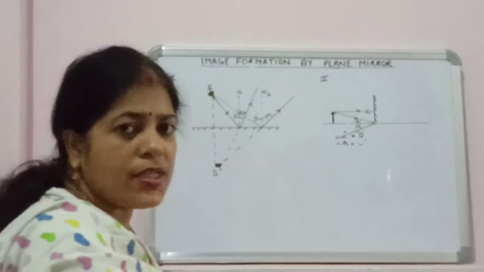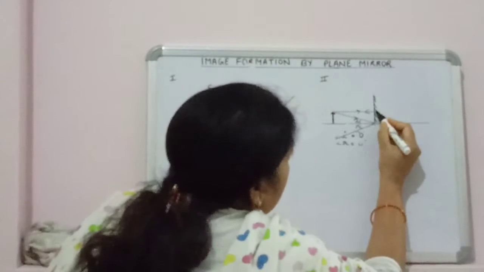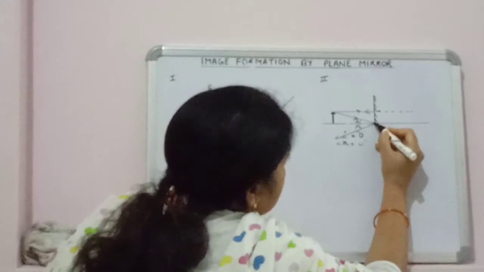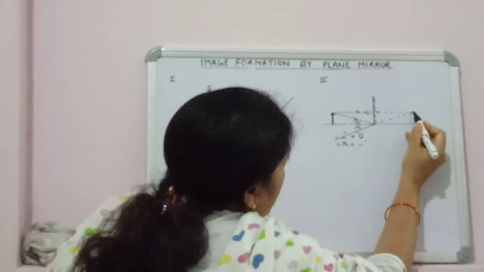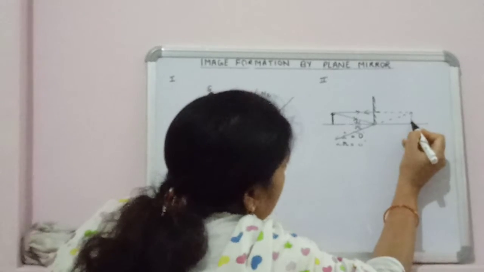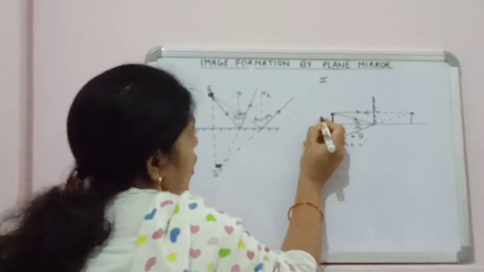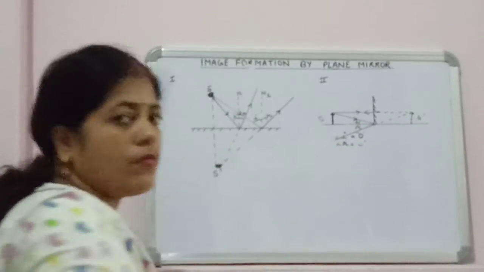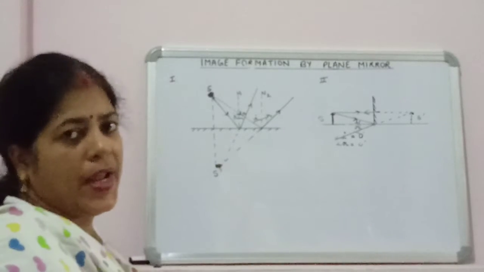They are not going to intersect in front of the mirror. So they are extended behind, and when they are extended behind the mirror, you can see they will appear to meet at a point here, and we will have an image of the object like this. So this is the object S and this is its image S dash. This is how the image is formed in case of a plane mirror.